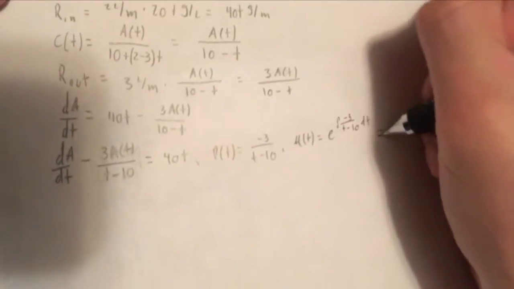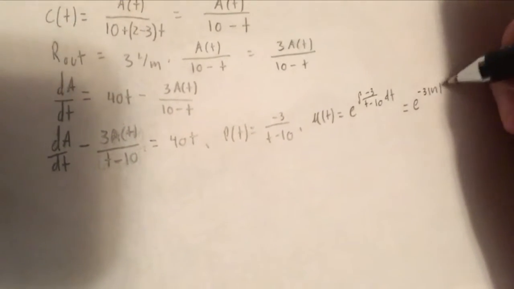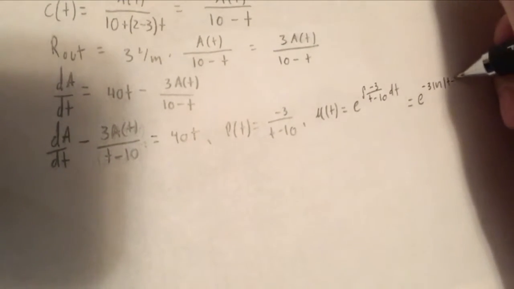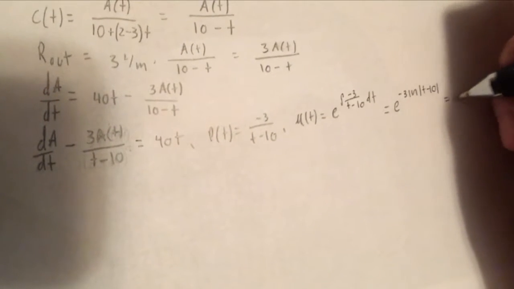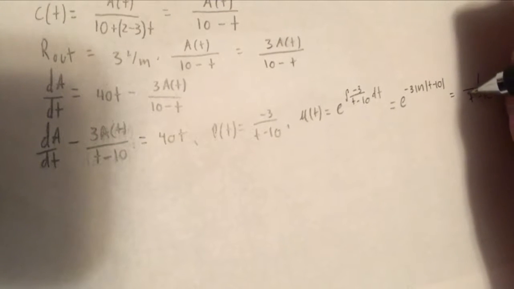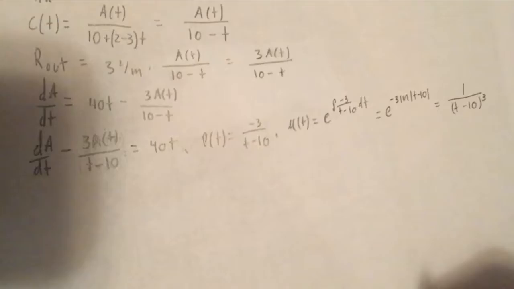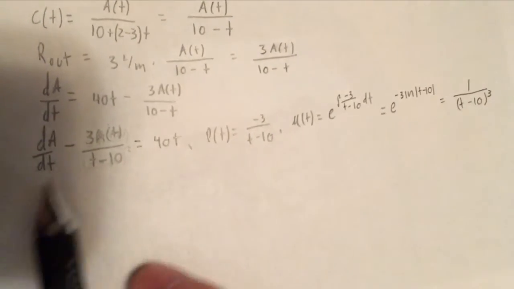And this is going to become e to the negative 3 ln of t minus 10, which becomes 1 over t minus 10 to the third. So this is our mu of t. We're going to multiply that through to both sides of our equation.